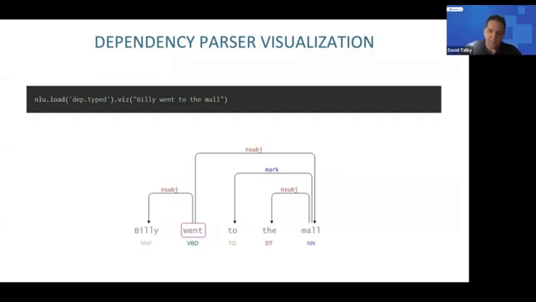We want to know that Billy is the subject and Billy relates to went. So Billy is the one who went, and not someone else if it's a compound sentence. And if you want to know where they went, we know it's the mall, and not something else mentioned in that paragraph. So you have that visualization. We also provide visualizations for relation extraction, negation detection, spell checking, and a few other common NLP tasks.